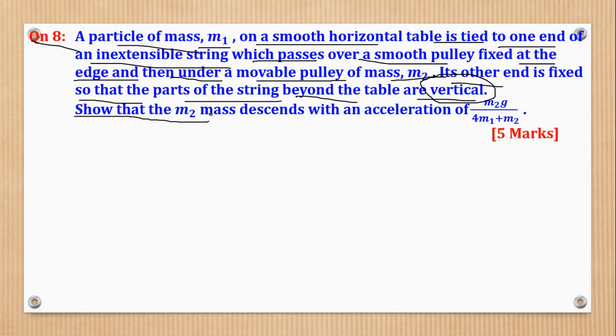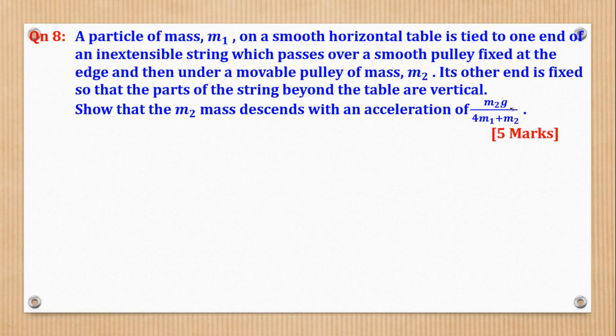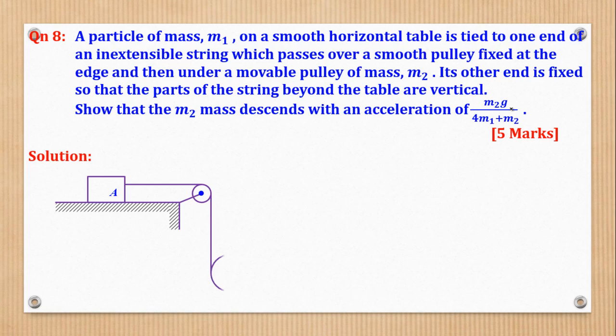Show that the mass m2 descends with an acceleration of this. So there we shall need to make a sketch. Sometimes they can draw the diagram for you, but other times they may not. So you need to know how to interpret the statements given into a diagram. So that is a sketch.